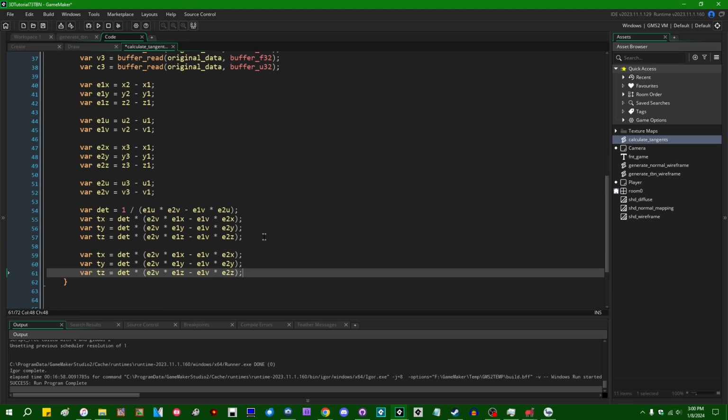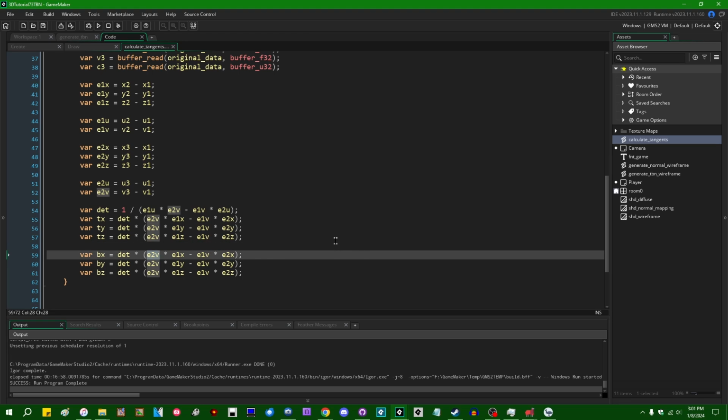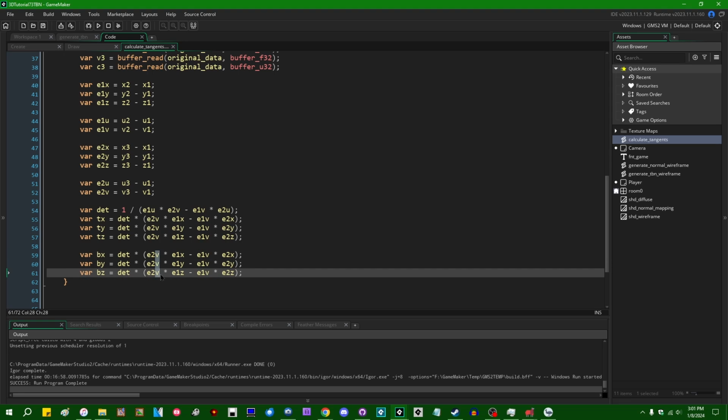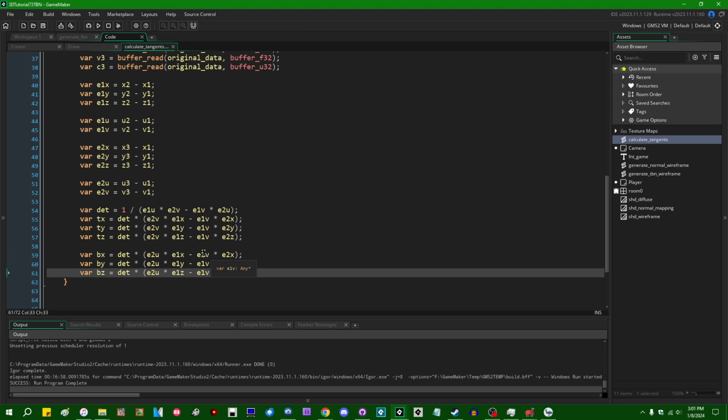You can also do, if you want, the bitangent values, which is going to be similar, but instead of the second edge v texture coordinate multiplied by the first edge, we're going to be saying e2u, so the horizontal texture coordinate of the second edge, multiplied by e1x, e1y, e1z, and then we're going to be subtracting e1u, rather, multiplied by the xyz of the second edge.